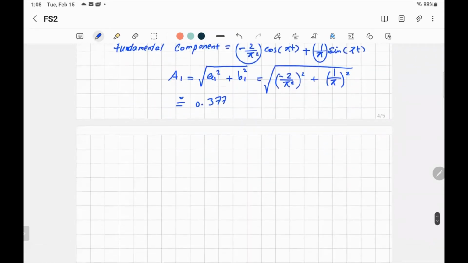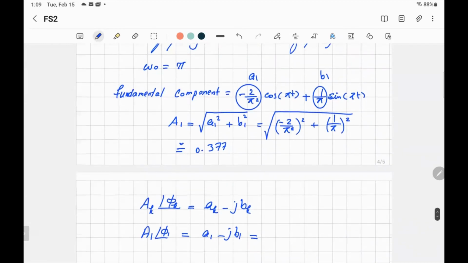What about the phase shift, the angle? I told you about something really good to get the right angle, especially with the sine, since many people get confused there. I told you about this formula: A_k at angle phi_k, you can write it as A_k minus j B_k. So for the fundamental component, the magnitude and the phase shift are given by A1 minus j B1.